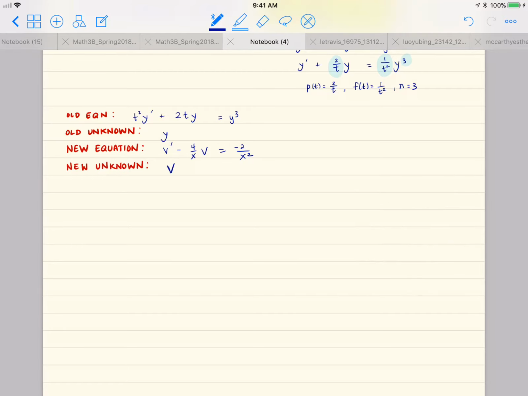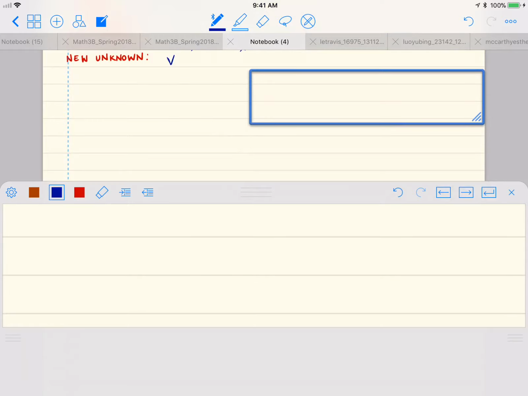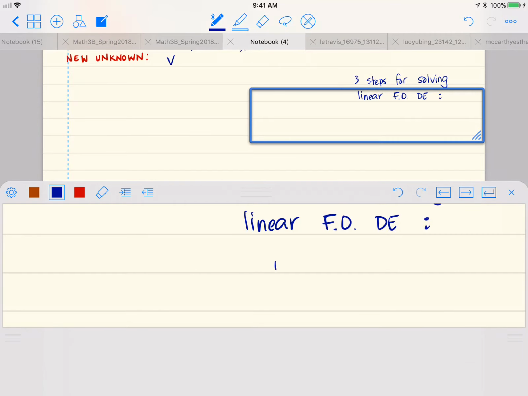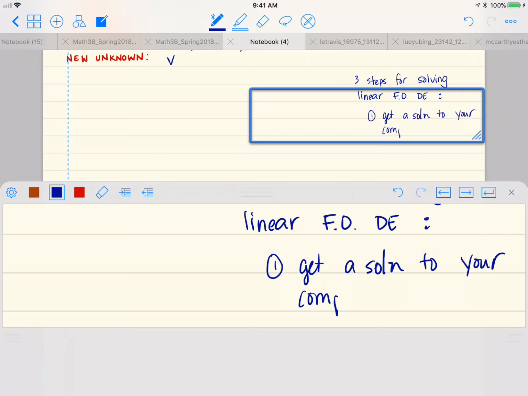Okay, so now we need to recall the 3 steps for solving a linear first order differential equation. So step 1 is to get a solution to your complementary equation.